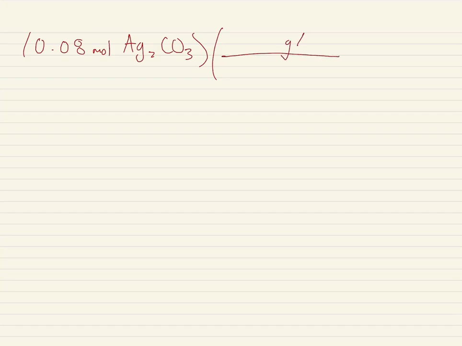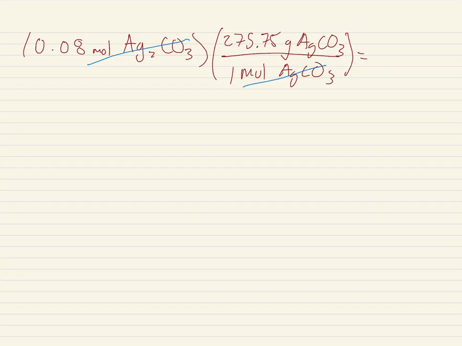Grams in the numerator of Ag2CO3, and then moles of Ag2CO3 in the denominator, because we want moles to cancel out and end with units of grams. It should be 275.75, I believe. Units of moles cancel out, and that gives us the grams of product that we create. And when you guys finish that, what did you get for your amount of grams?